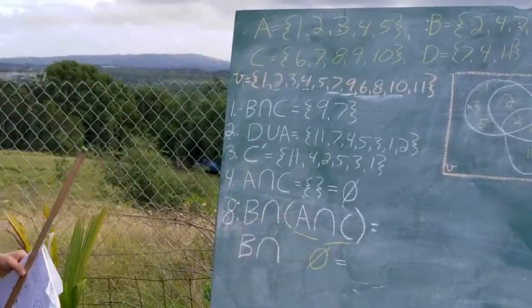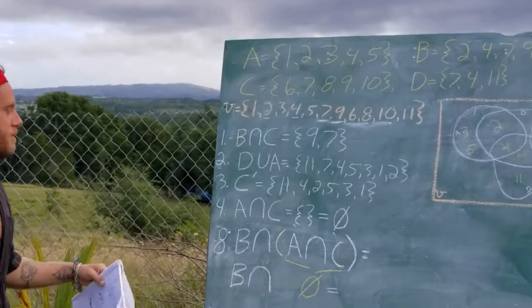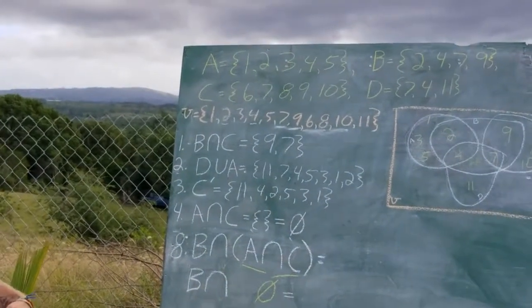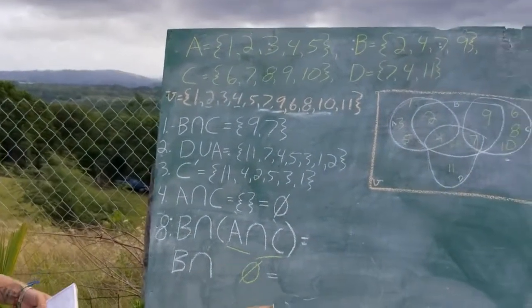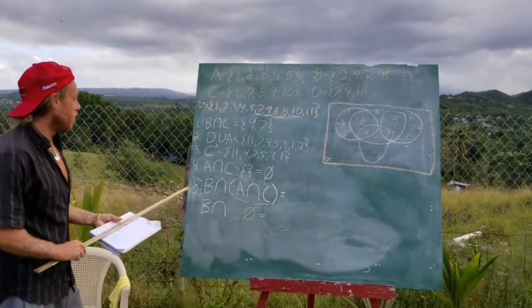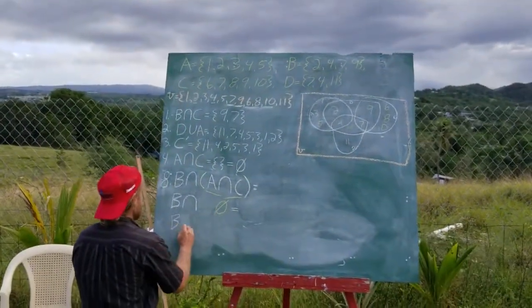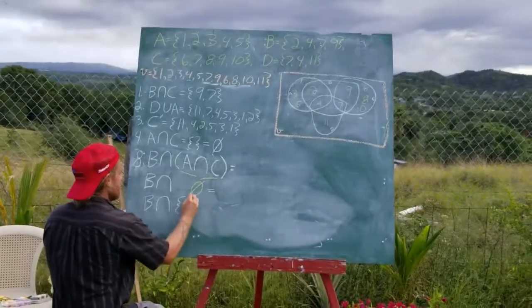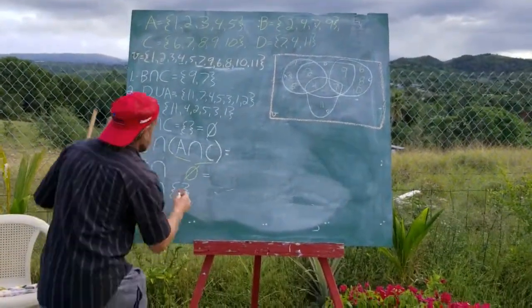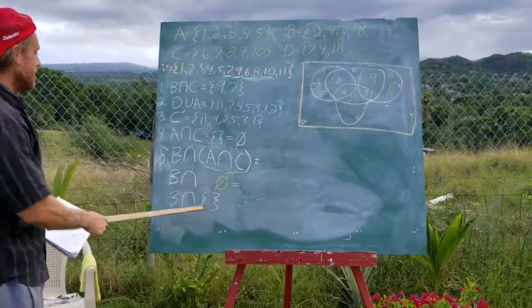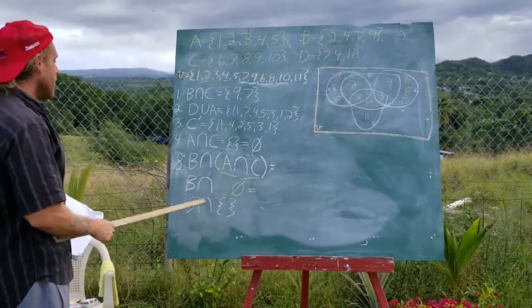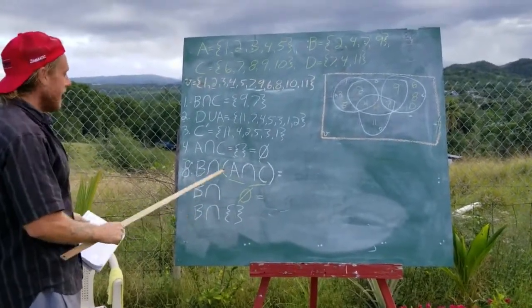Interesting. We're looking for the intersection of set B and the empty set. The intersection, again, recall, are the elements that are common to both. Well, the empty set, maybe we'll rewrite it using this notation. There are no elements within the empty set, therefore there will be no elements common to both B and the empty set.